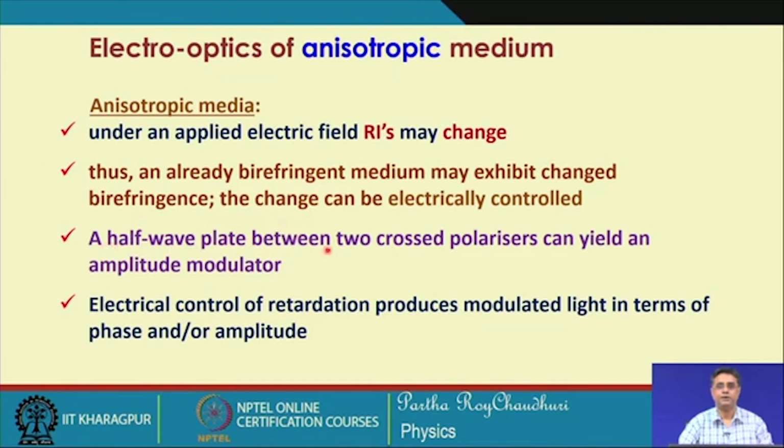Therefore, a half wave plate between the two crossed polarizers can yield an amplitude modulator. This fact we have seen with all the details of the mechanism.